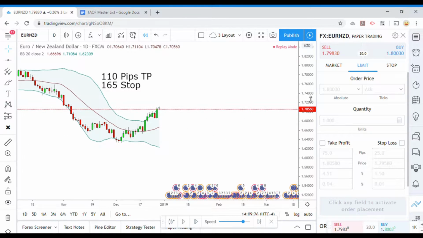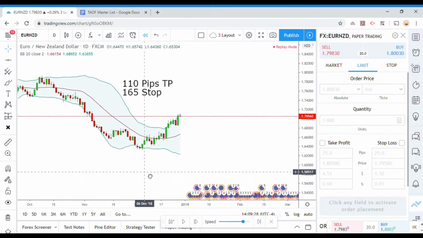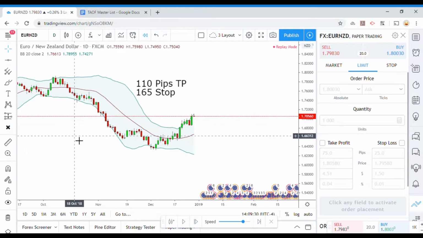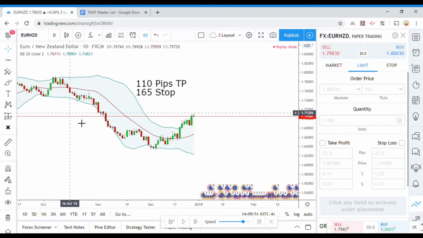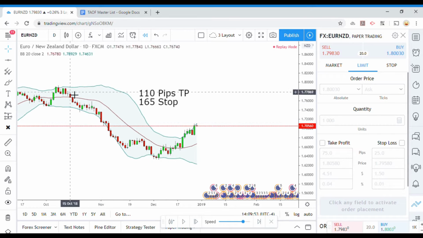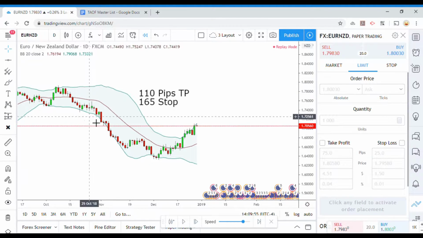So, alright. How to trade Bollinger Bands. As usual, there are multiple different ways of trading an indicator. The one, as far as the Bollinger Bands go, that I have heard multiple times, is that the Bollinger Bands basically create a channel, and that channel is the top band and lower band.